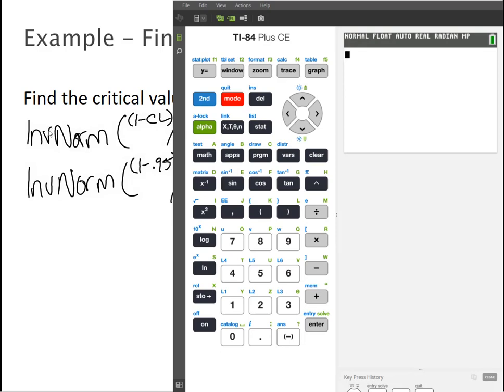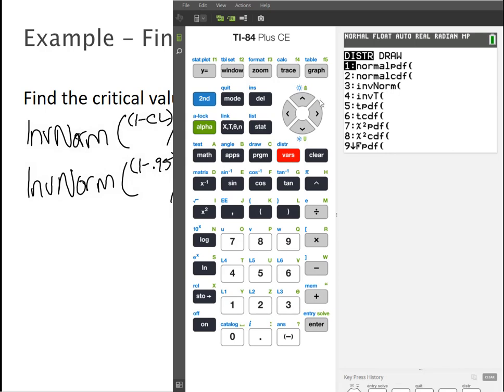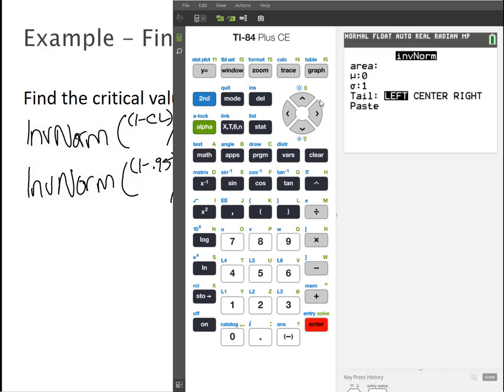All right, so remember from chapter, I believe 6, where we were doing the normal distribution, to get to inverse norm, you're going to hit second vars, and then inverse norm is the third option down, so you can either hit 3 or tab down 3 times and then hit enter. All right, so now my area is going to correspond to that 1 minus 0.95 over 2.